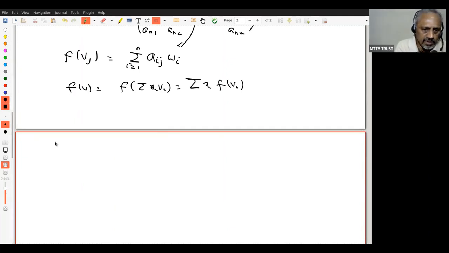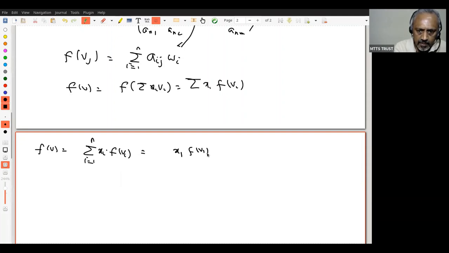So let us write it. F of v equal to summation xi F of vi, i equal to 1 to m. And what is F of vi? This is going to be x1 into F of v1 plus ... plus xm into F of vm.